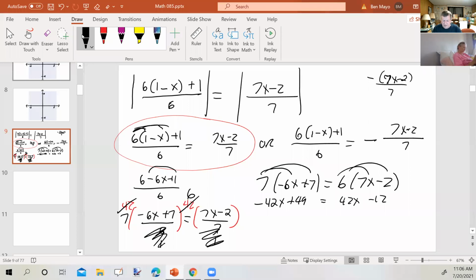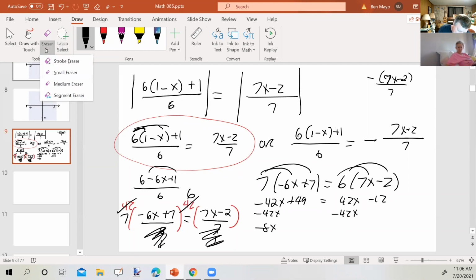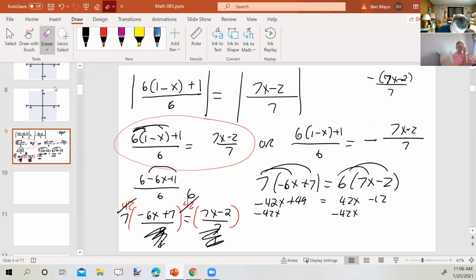I'm going to put the x's on the left, so I'm going to subtract 42x from both sides of the equation. I get negative 84x plus 49 equals negative 12.